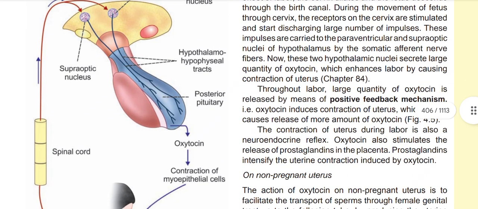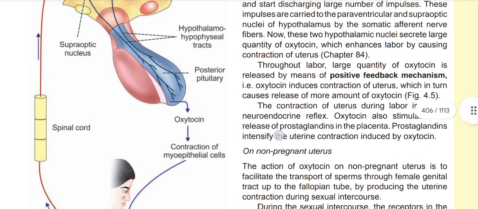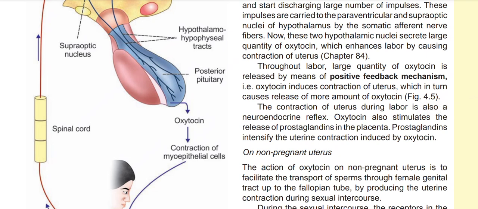And throughout the labor, the large quantity of oxytocin is released by means of positive feedback mechanism. Oxytocin stimulates itself on the hypothalamus and releases more and more quantity of oxytocin. Oxytocin induces the contraction of uterus, which in turn causes release of more amount of oxytocin.